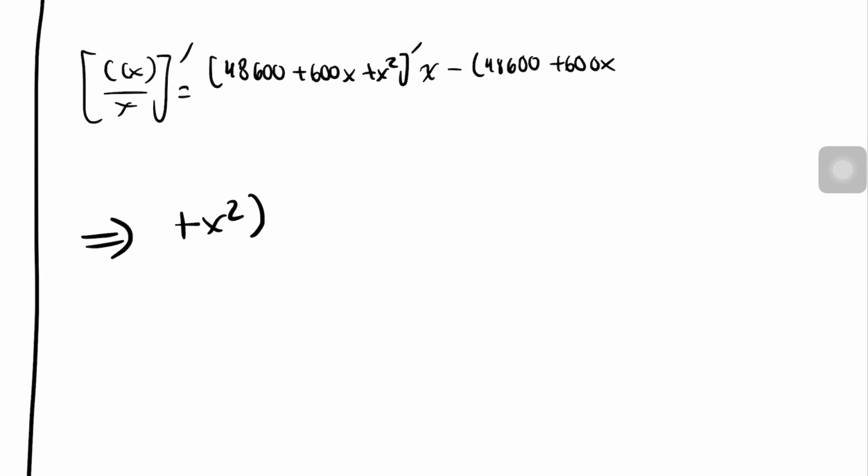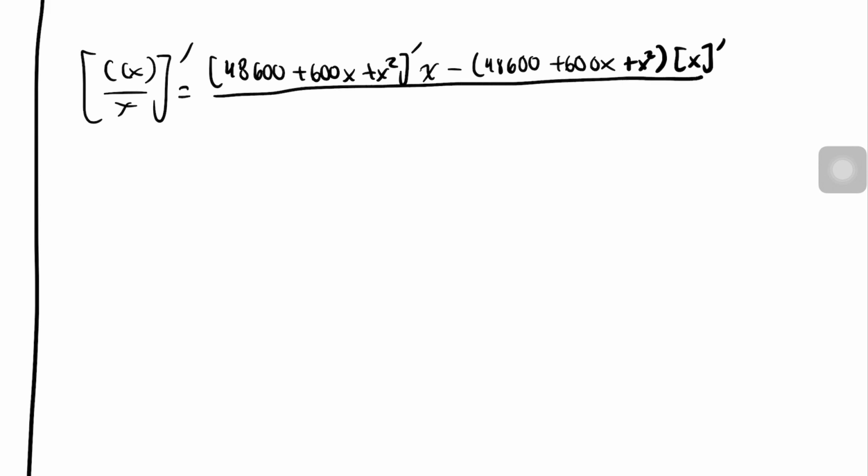So that would be plus x squared times the derivative of x. And then we're going to divide all that by x squared, right?